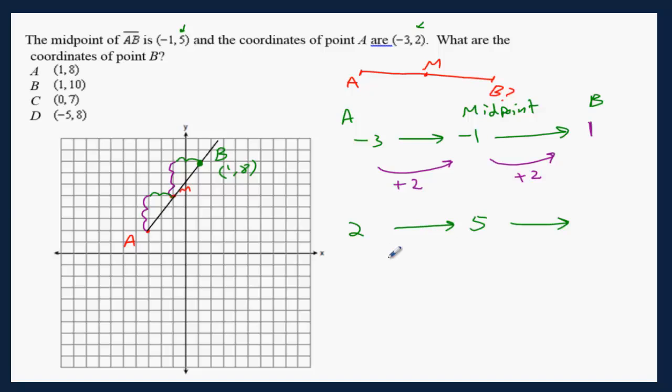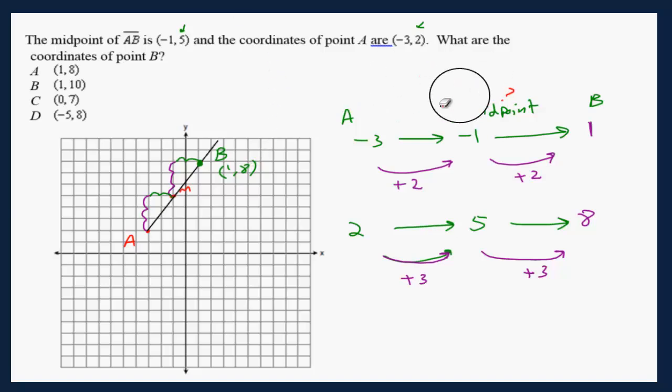You're going up by 3 points. Therefore, from 5 to the next point, you go up 3 points, that's going to be 8. So the coordinates are (1, 8). That is another way to get it.